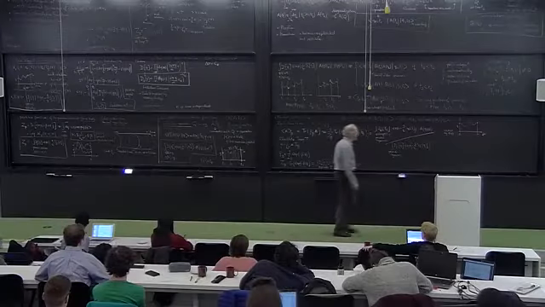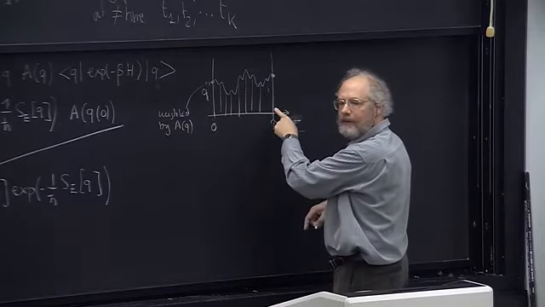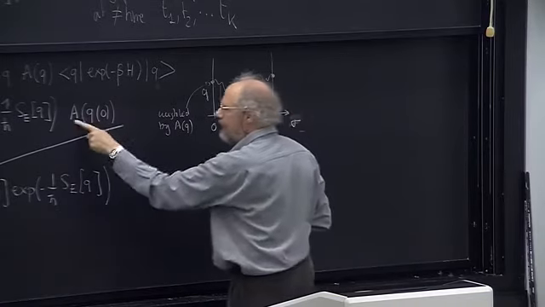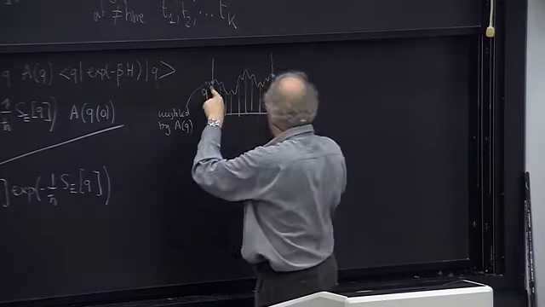Once you integrate over q, this initial and final position are treated on the same footing as the other positions at intermediate Euclidean time, except that there is this weight A of q for the initial position, which is the same as the final position. Okay? Good.